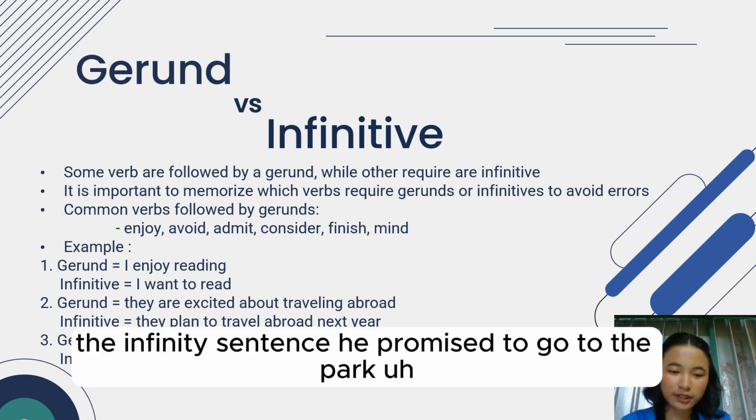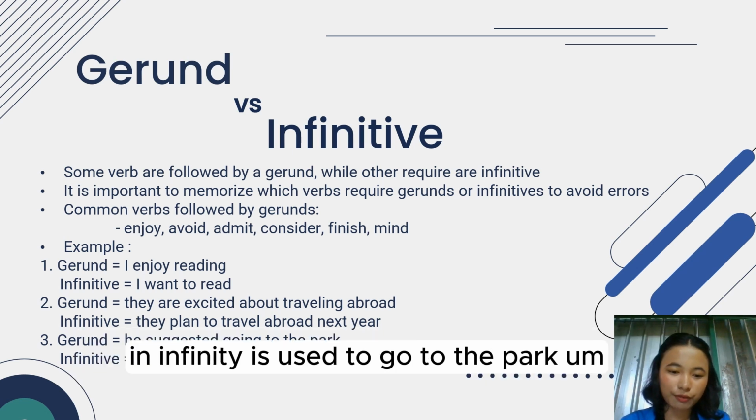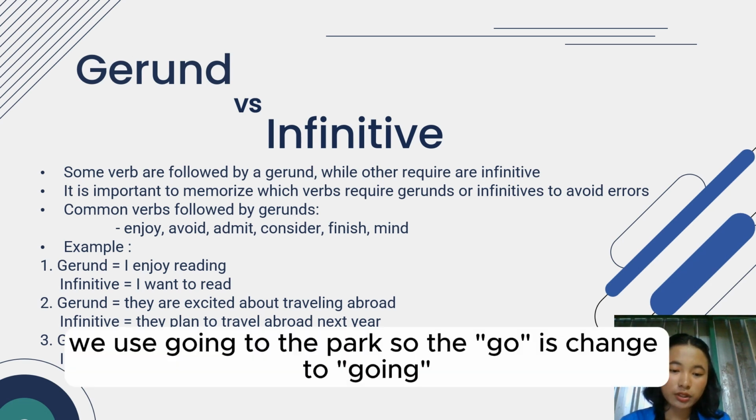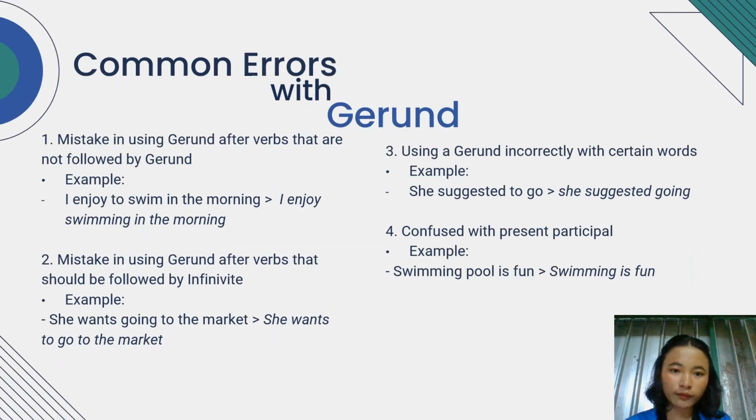The infinitive sentence: "He promised to go to the park." In the infinitive we use to go to the park, but in the gerund sentence we use going to the park. So go is changed to going.